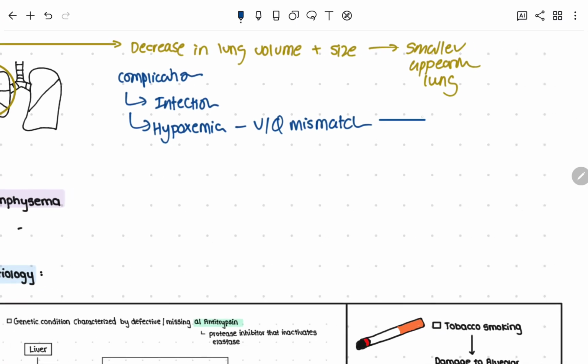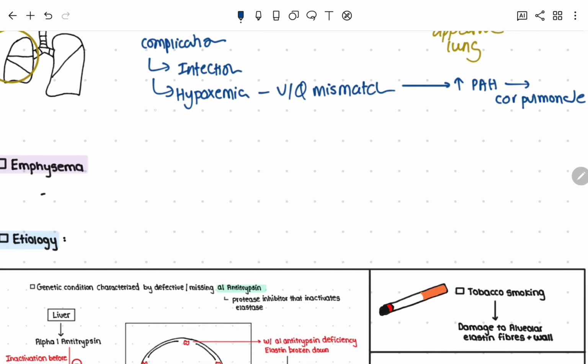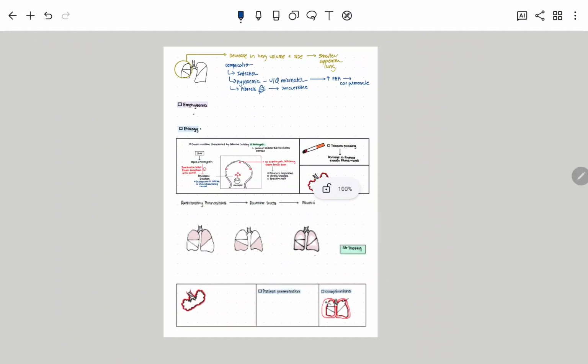Once you have that, you increase the risk of pulmonary arterial hypertension, which increases the risk of cor pulmonale, which is right-sided heart failure. Another complication is that in case fibrosis takes place while the lung or the alveoli is collapsed, this process is then irreversible, and so that is the loss of your alveoli as a whole.